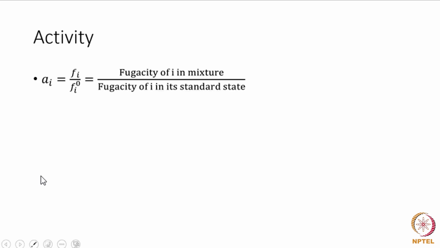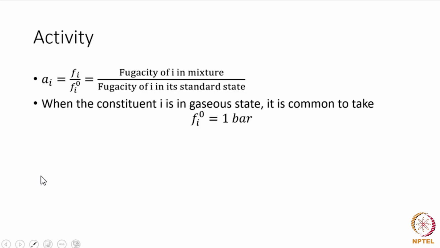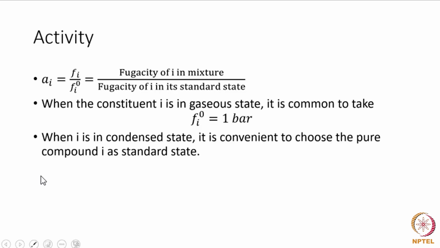Now using the same concept, fugacity, we can apply it to the condensed phases and define a quantity called activity. So we define activity as Fi by Fi naught, which is the fugacity of I in the mixture by the fugacity of I in its standard state. When the constituent I is in gaseous state, it is very common to take Fi naught as 1 bar.